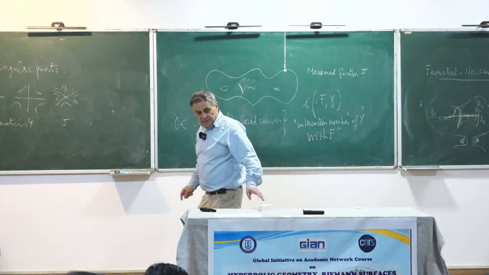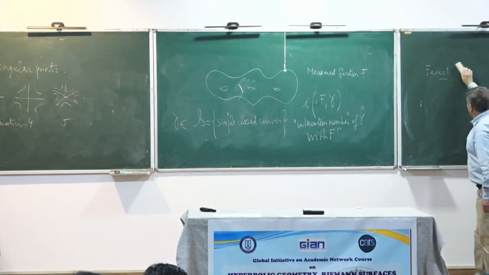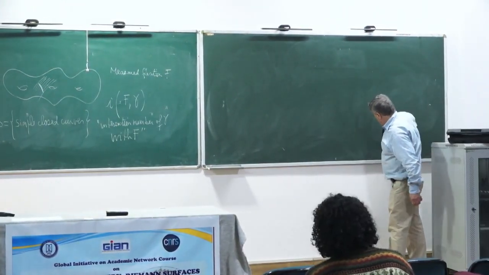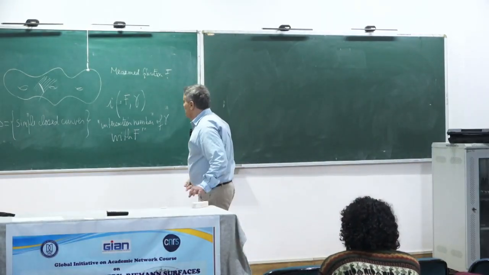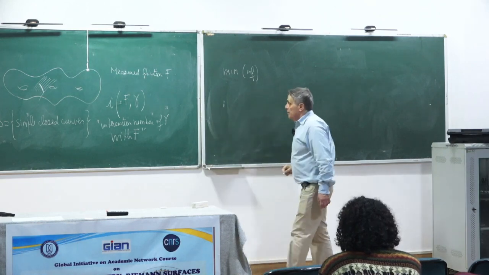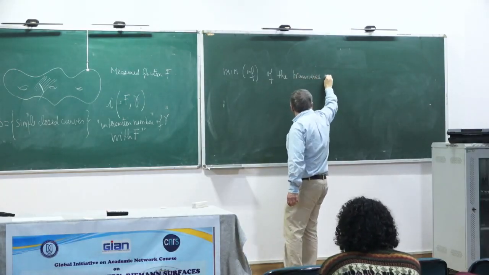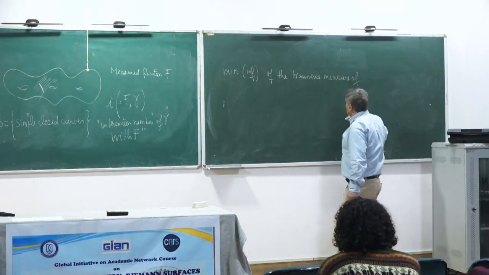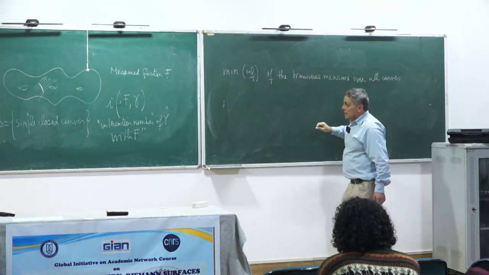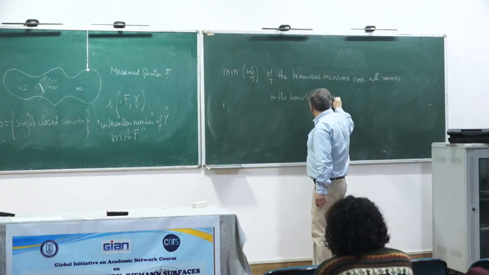I means intersection, and it means that this is the minimum, or the infimum, but it will be a minimum, of the transverse measure over all curves in the homotopy class gamma.